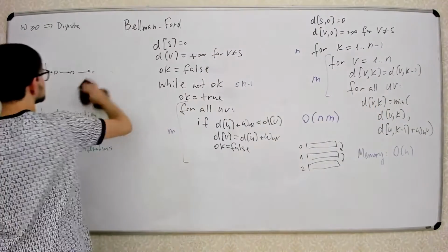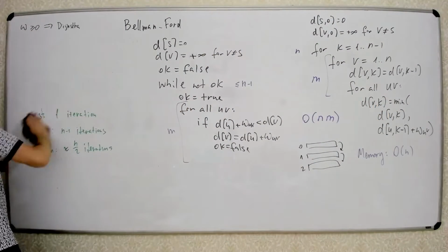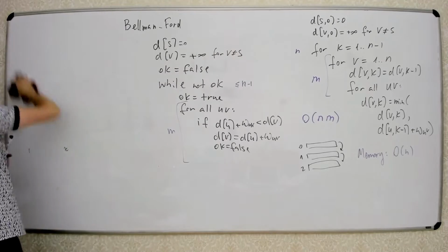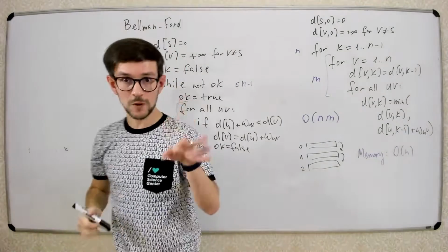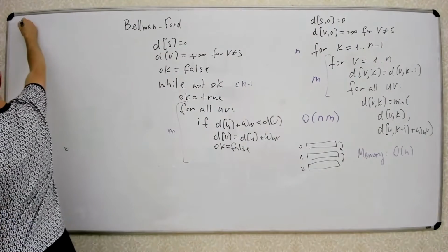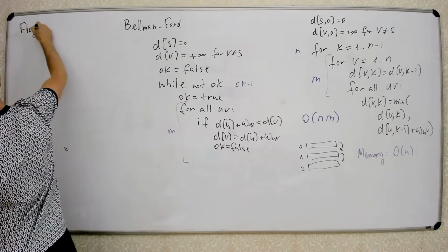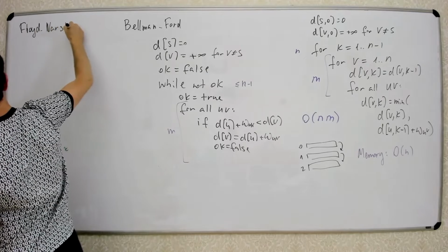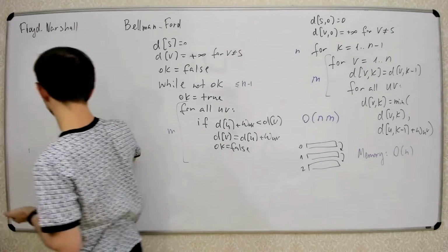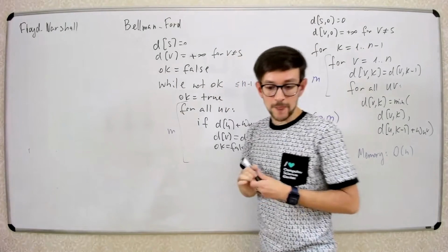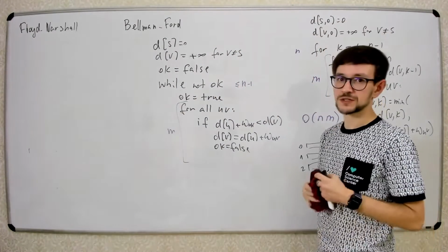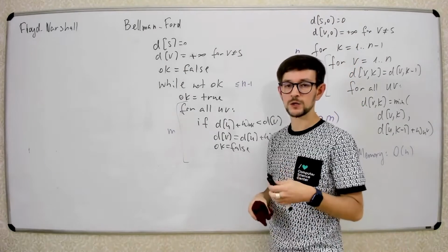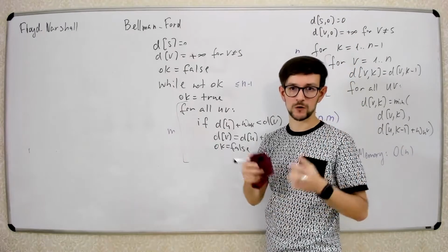So now we'll talk about the Floyd-Warshall algorithm. This algorithm solves a slightly different problem. Imagine you have a graph and you want to find the distance between every pair of nodes.